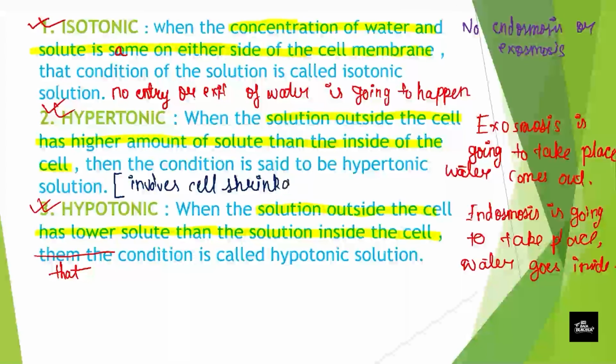That is, the cell contents were shrinking towards the inside. And hypotonic solution involves swelling of the cell. That is, the cell is going to be puffy after absorbing a lot of water inside it. That is all about tonicity, the three types of solutions, and that is all you need to know about this topic.